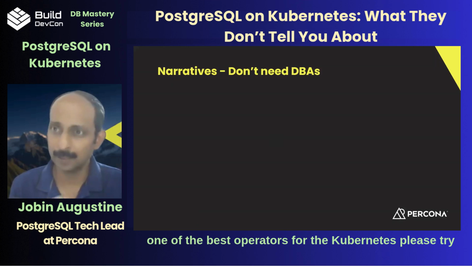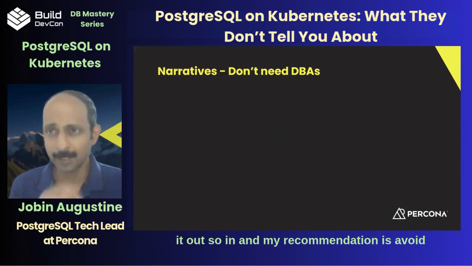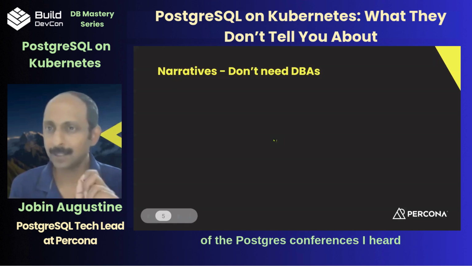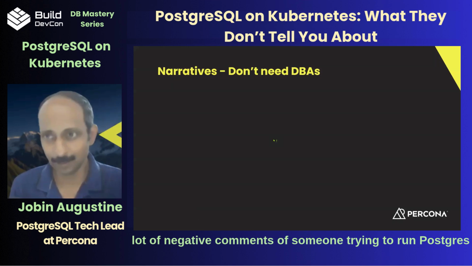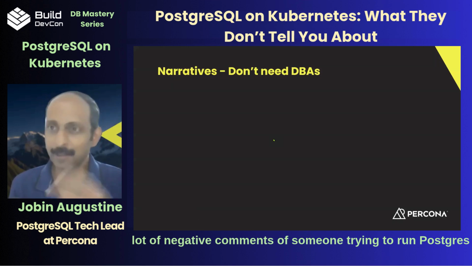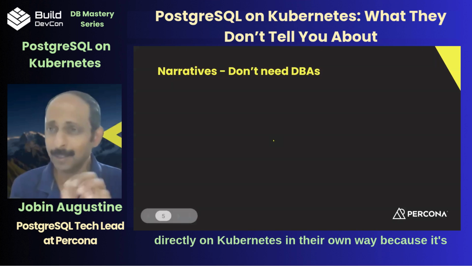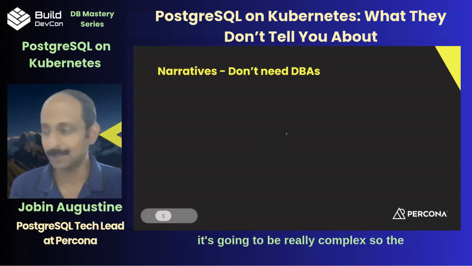It's one of the best operators for Kubernetes. Please try it out. My recommendation is to avoid running your own way directly on Kubernetes, because at some of the Postgres conferences I heard a lot of negative comments from people trying to run Postgres directly on Kubernetes in their own way, because it's going to be really complex.